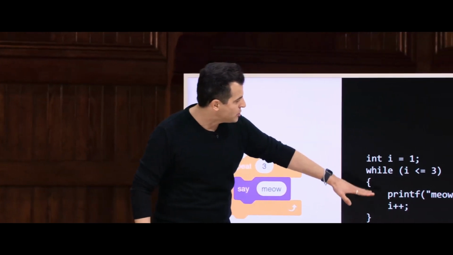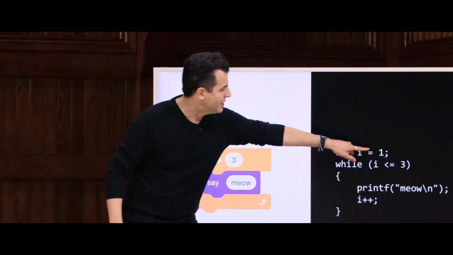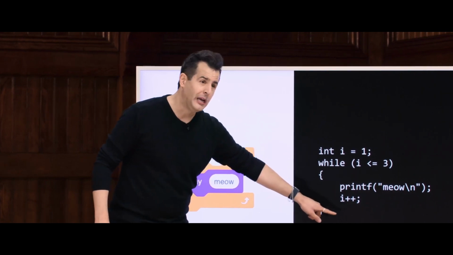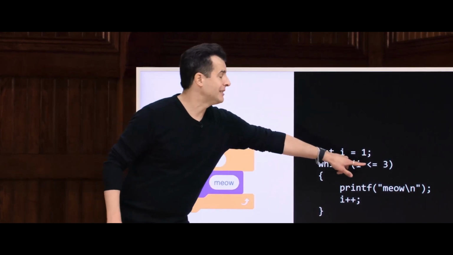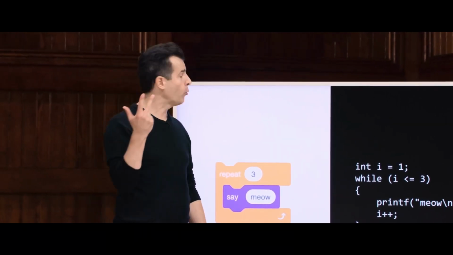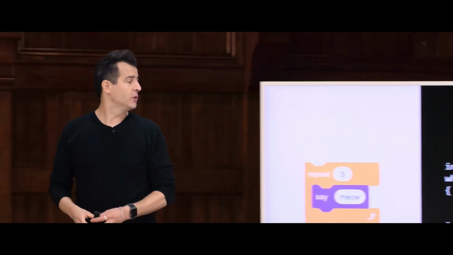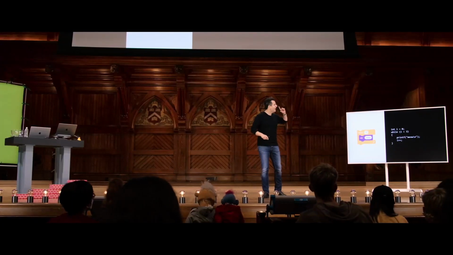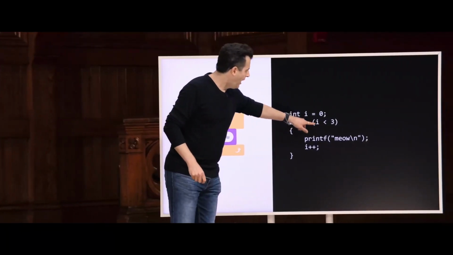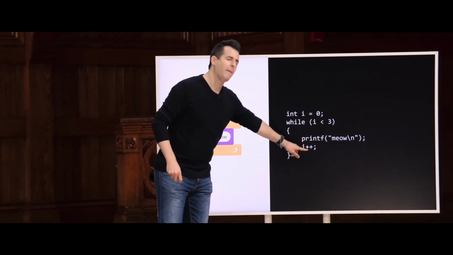So notice that I'm kind of changing my questions. I'm initializing I to 1, and then I'm going to increment it ultimately to 2, and then 3. But because I'm doing less than or equal to, it's still going to go from 1 to 3. So that works too. We could similarly do this yet another way. We could initialize I to 0, and then we could say, well, I is less than 3 and keep incrementing it.